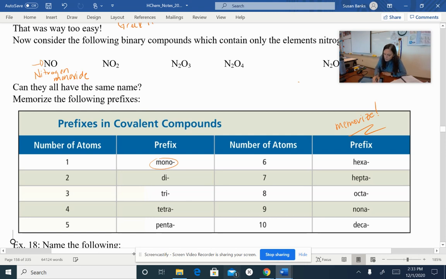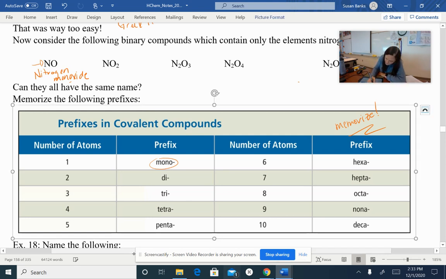Okay, and notice how I dropped that second O. I don't need monoxide. We kind of drop the diphthongs here, the double vowels. Okay, this next one we would call nitrogen dioxide.